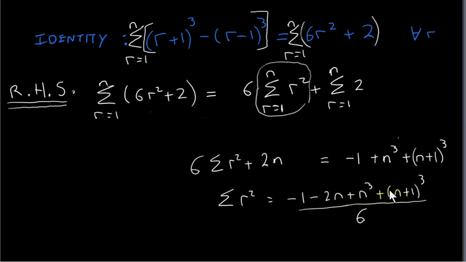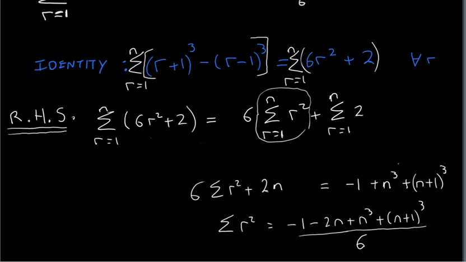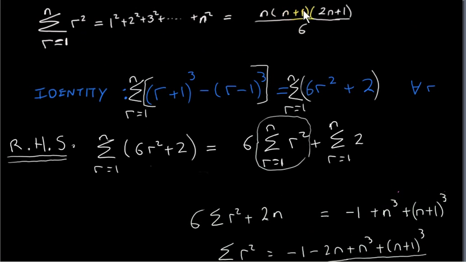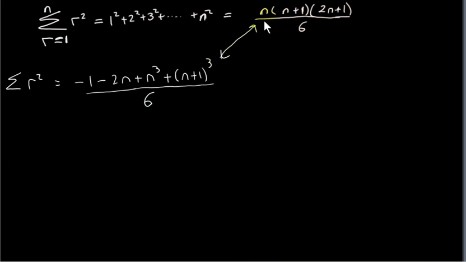Now we've got to show that this expression here is equal to n into n plus 1 into 2n plus 1 over 6. To show that these are equal, what I will do is I'll expand out the numerator of this. The denominators are equal, so we can forget about the denominators. We only have to compare the numerators.